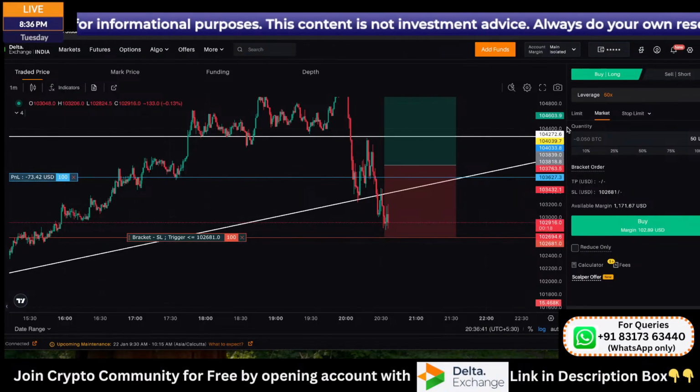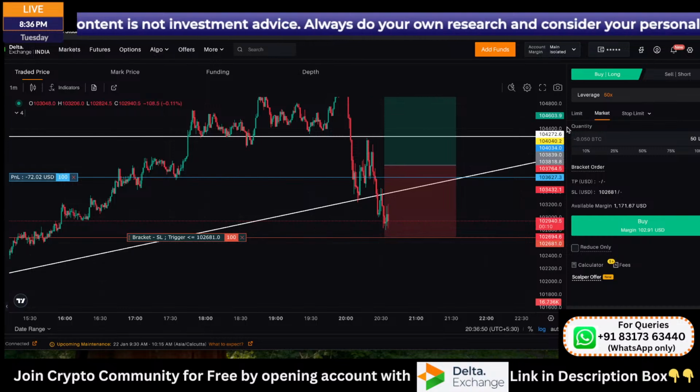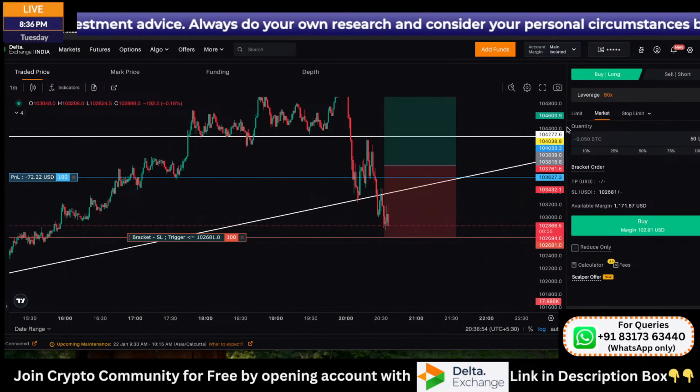Only problem is for our stop loss levels, what I have kept as trigger stop loss, only little gap is there. So one small spike towards the downside taking my stop loss, if market moves, nothing can be done. That is one issue I have.